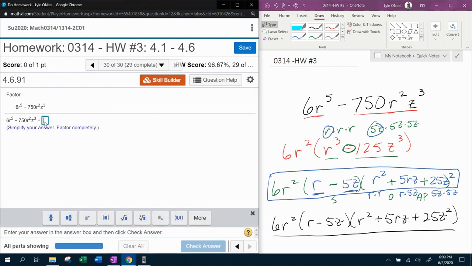Let's see if I lied to you. 6r squared, r minus 5z, and r squared plus 5rz plus 25z squared. Fingers crossed.